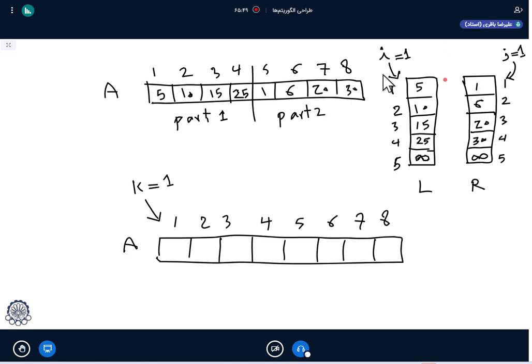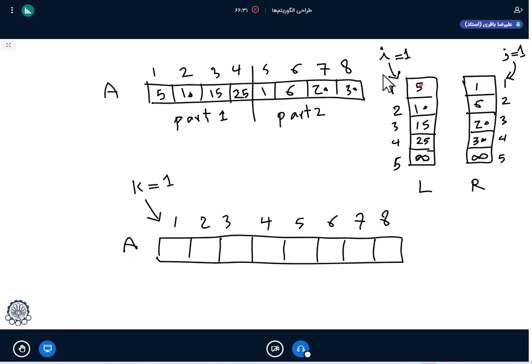The minimum number of array L is in the first room. So 5 is the minimum number of array L. The minimum number of array R is in the first room, which is 1. If we compare the minimum of L and the minimum of R and find the minimum of these two values, that will be the minimum of the total array, okay?